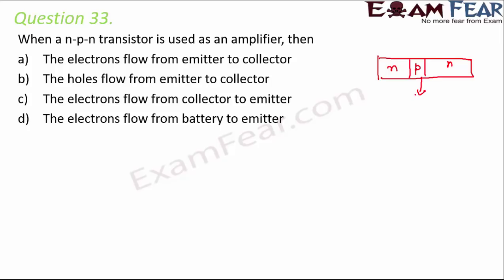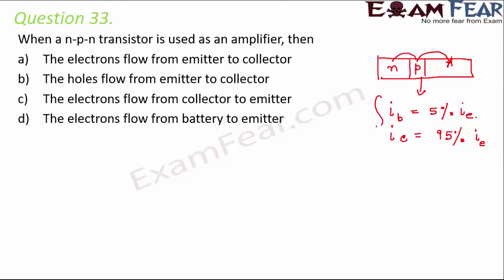Therefore, it has fewer holes. Now, as electrons enter the base, only a few get neutralized. The rest of the electrons move to the collector. As a result, the base current is very small. Base current is just 5% of the emitter current. Emitter current is the input current, right? But the collector current is very high because most of the electrons move towards the collector. So collector current is the remaining 95% of the emitter current.